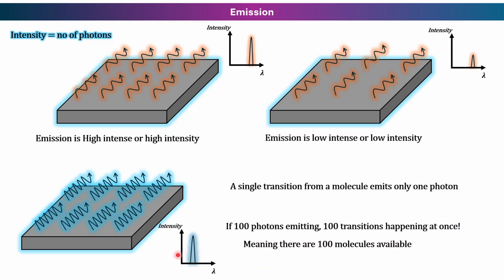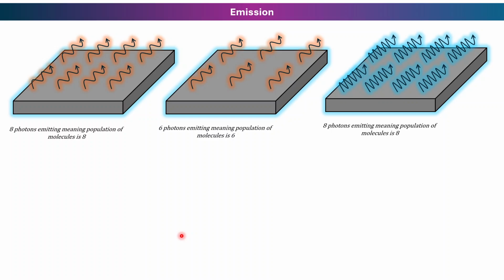Now you might have understood how to interpret emission and absorption spectra. So 8 photons emitting means there are 8 molecules in the population, and 6 photons means there are 6, and here also again 8. So if you draw an energy level diagram, these two electrons are exciting up and coming down.